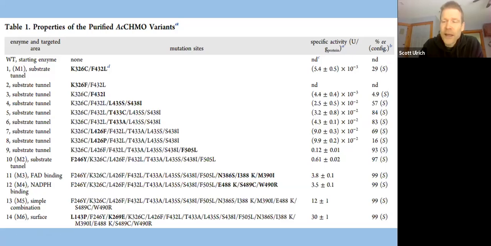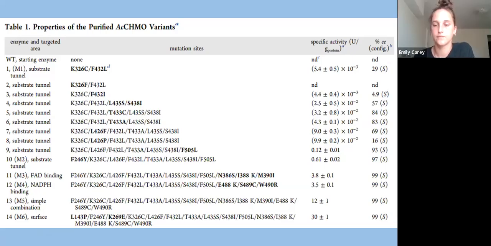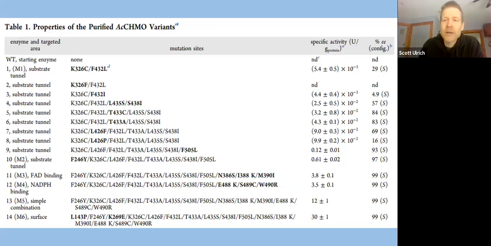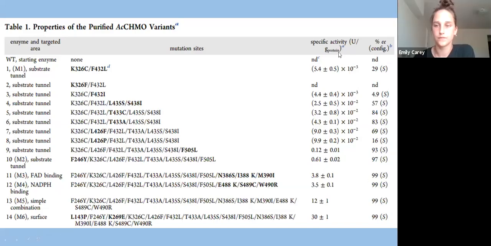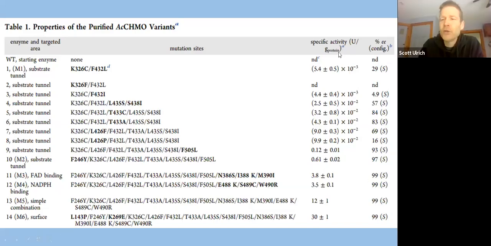Its specific activity is sort of like the amount of catalytic activity per gram of protein. So see the units up there at the top? It's U per gram. U just usually means a standard amount of product formation per time. So how much omeprazole sulfoxide do you get per minute per gram of protein?